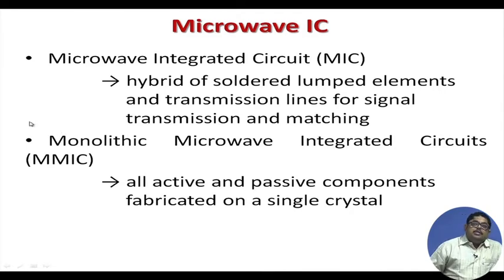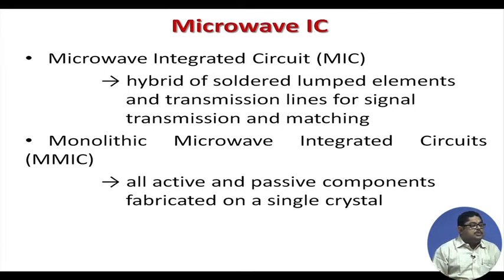Now, you know that microwave ICs are of two varieties. One is called microwave integrated circuit or MIC, and the other is called MMIC. MIC is a hybrid: obviously the active devices are there, but there are also some lumped elements soldered on, and transmission lines are there for signal taking and matching, not simple wires.